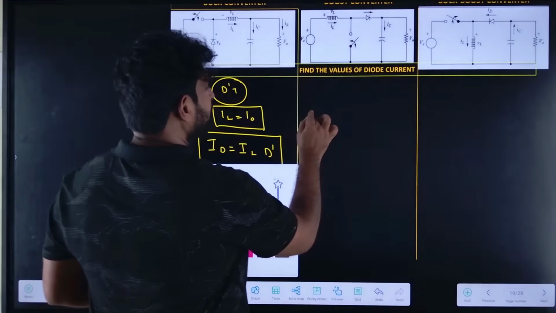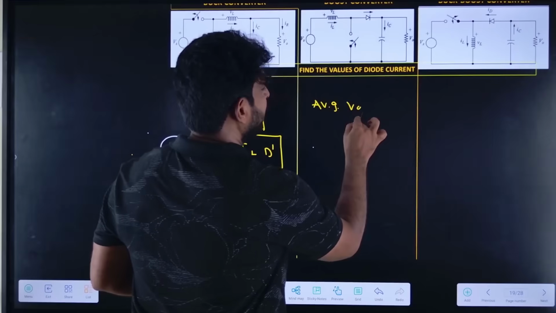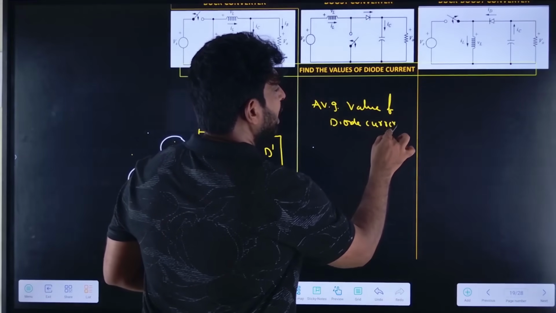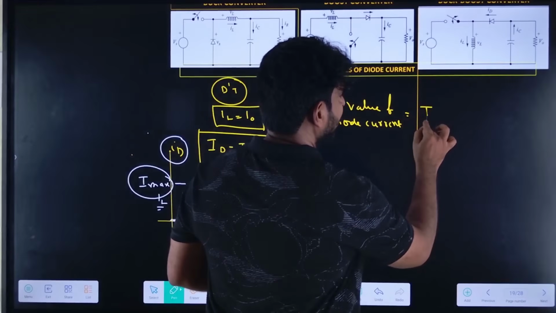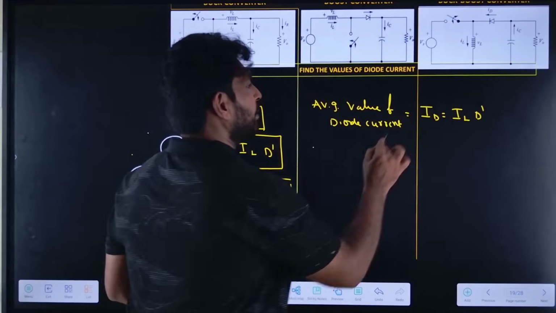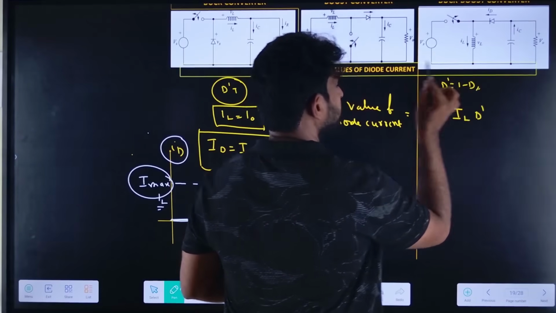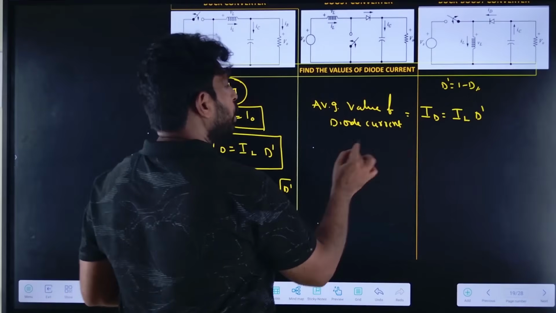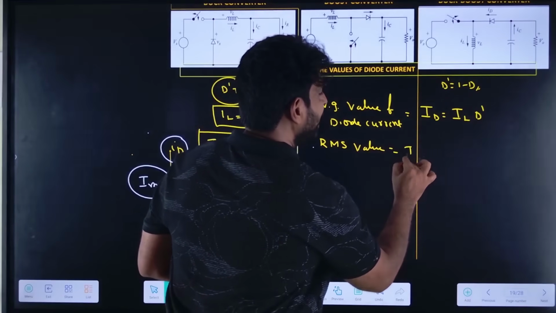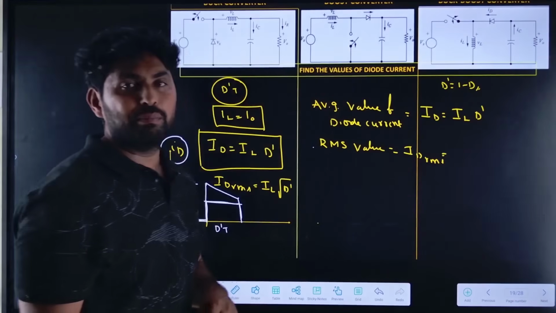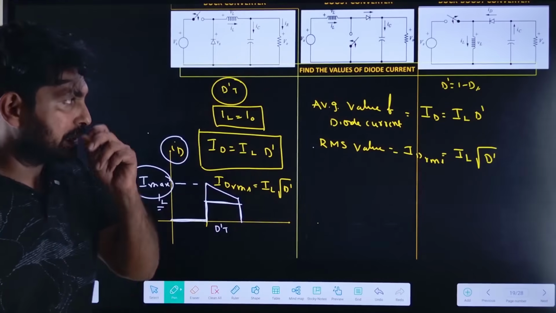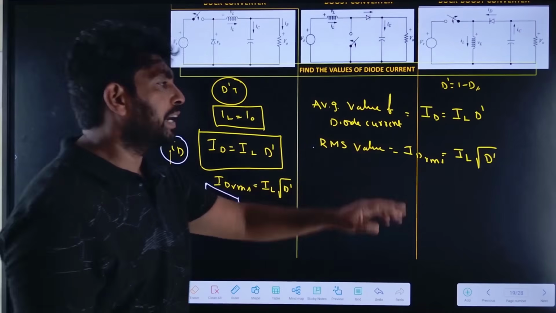The average value of the diode current, ID average, equals IL into D dash, where D dash is 1 minus D. The RMS value of the diode current, ID RMS, equals IL into square root of D dash. Simple, because it's a simple square waveform, we can write it as square root of D dash.